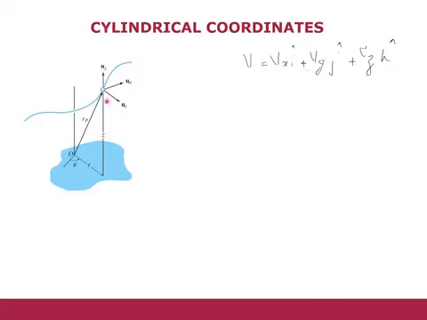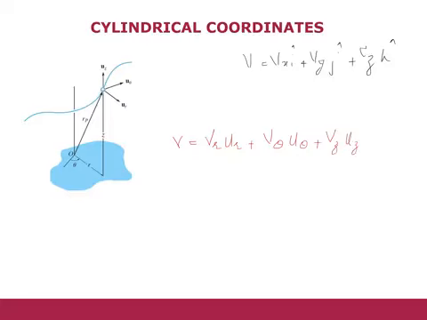Suppose the unit vectors for the radial direction, transverse direction and z direction are ur, u theta and uz. So we can represent our velocity as v equals vr ur plus v theta u theta plus vz uz, right?